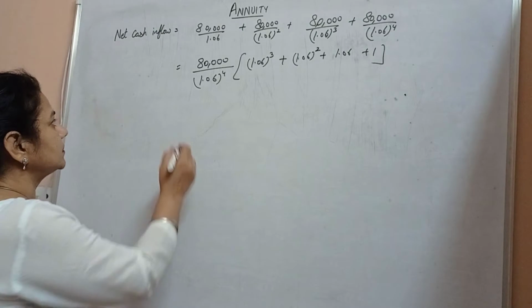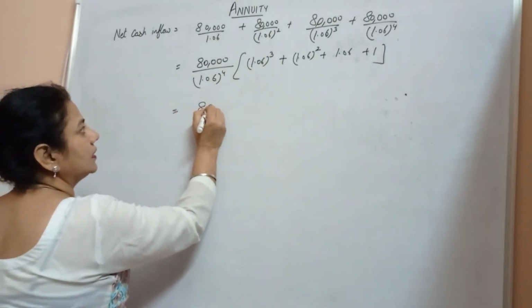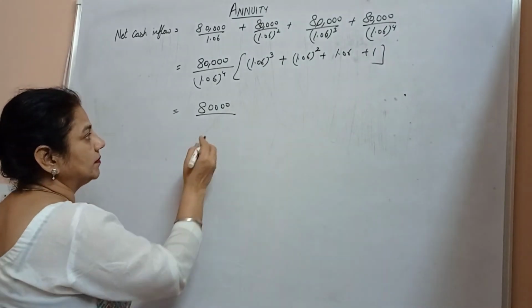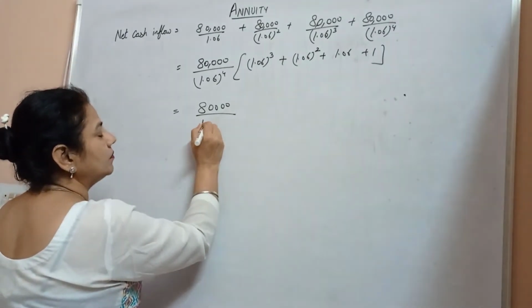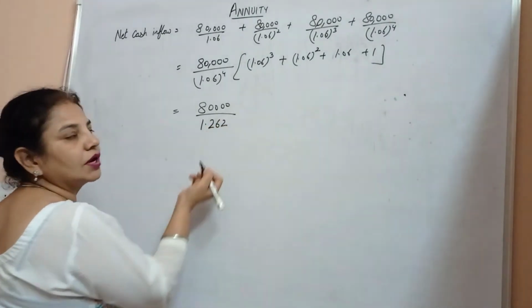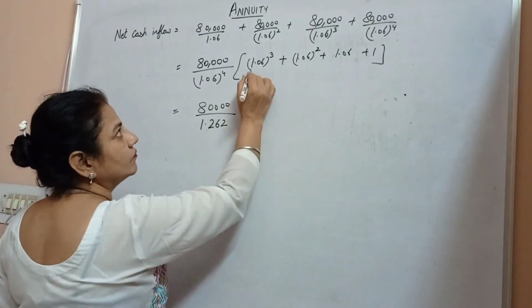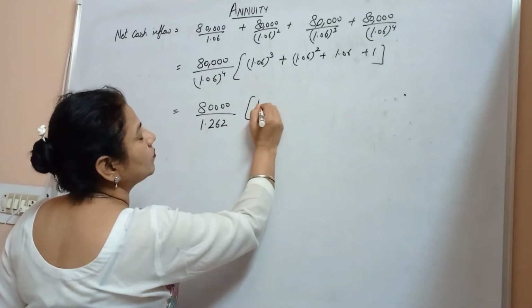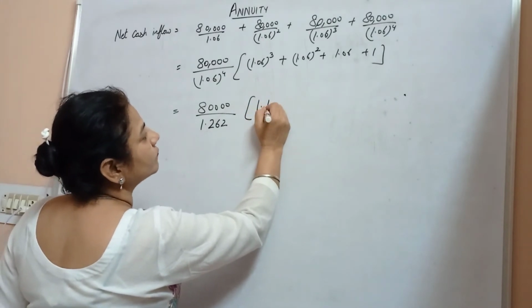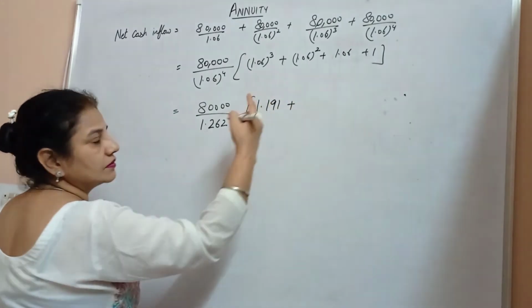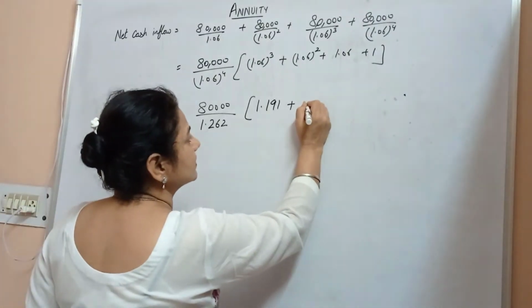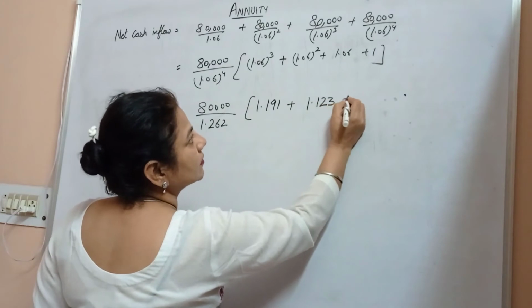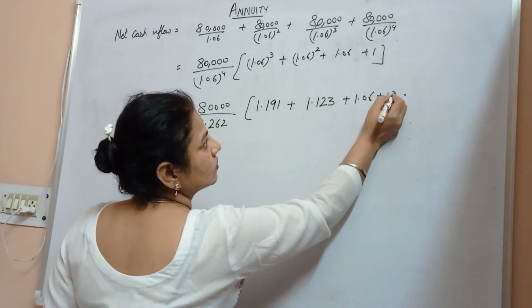Now solving this, 1.06 multiplied 4 times gives approximately 1.262. And 1.06 whole cube gives 1.191, plus 1.06 whole square gives 1.123, plus 1.06 plus 1.